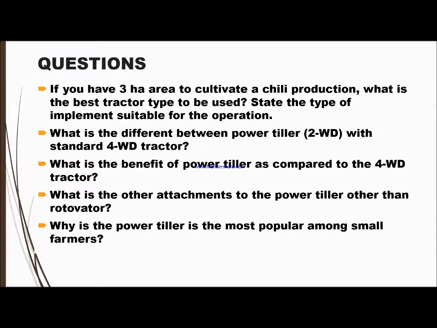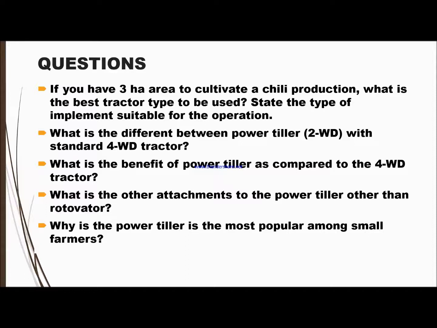And back to the question, I want you to discuss with your group members about this question. If you have a 3 hectare area to cultivate chili production, or basically any vegetable, what would be the best tractor type to use? In this case, you can consider the power tiller as an answer, and you also need to consider what would be the best type of implement that's suitable for the operation.